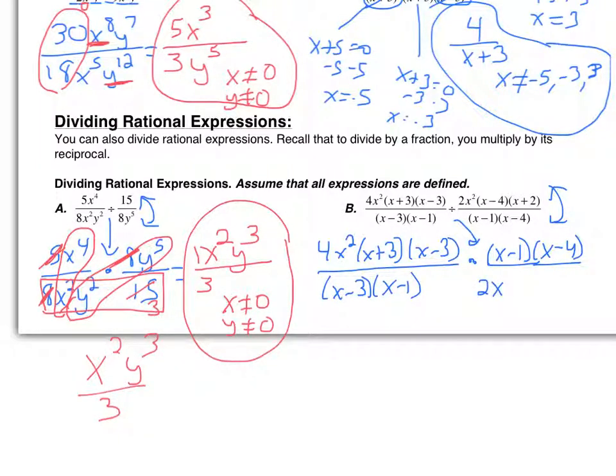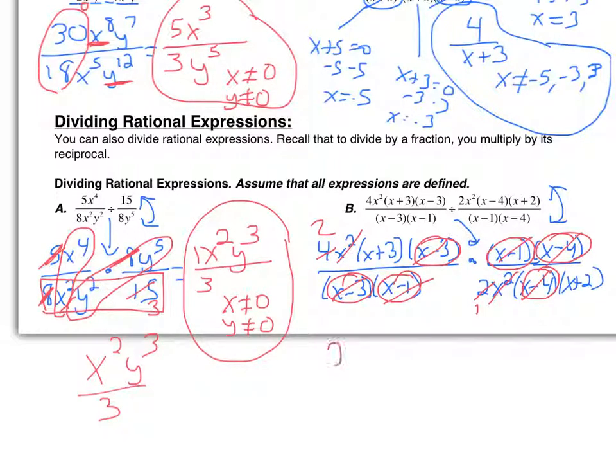And I move 2x squared, x minus 4, x plus 2 on bottom. Then I can start looking for things that are the same. So I have x minus 1 here and x minus 1 here. They cancel. X minus 4 and x minus 4 cancel. And we have x minus 3 and x minus 3 cancel. I have x squared over x squared cancels out. And then 4 over 2 cancels to 1 and 2.